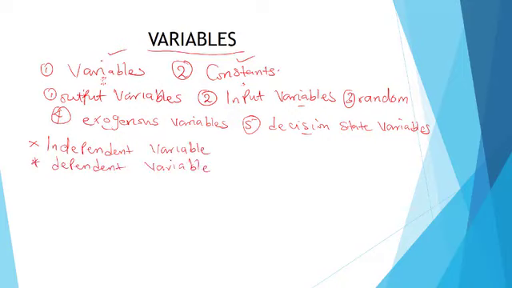So we have the output variables, the input variables, the random variables, the exogenous variables, and the decision variables. We also have the independent variable and the dependent variable. In each analysis, a variable assumes more than one particular parameter.